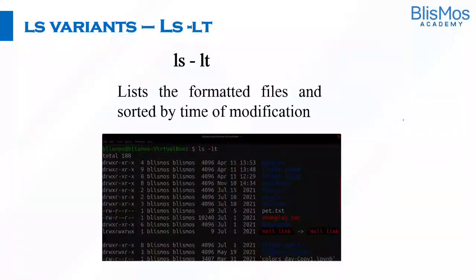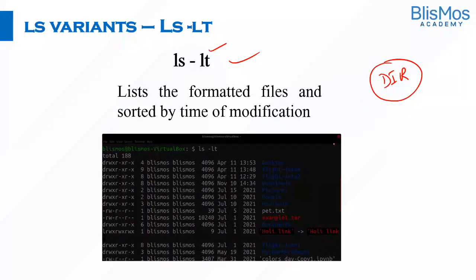The next variation of ls is ls -lt. When we have a directory, we would have created multiple files and multiple directories within the one directory, right? But if you're searching for a file which you have just modified, then in that case, we can go for ls -lt.